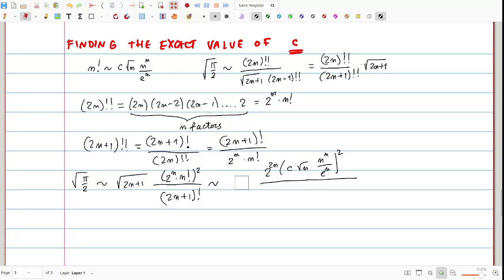So this is going to be 2n plus 1, and here we have 2n factorial, which is C square root of 2n, 2n to the power 2n, divided by e to the power 2n.